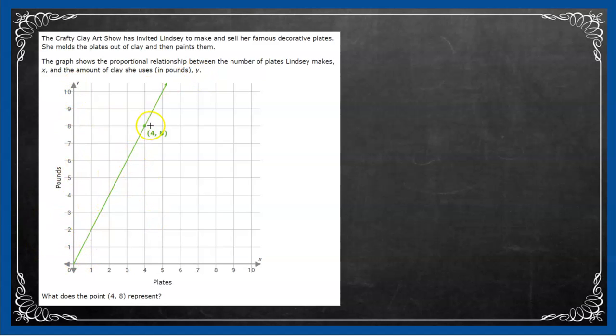So as we can see, there is a point on here that's marked, and that is 4, 8. This is when x is 4, y is 8. And if you remember, they already told us that x equals the number of plates, and y equals how many pounds of clay she uses.